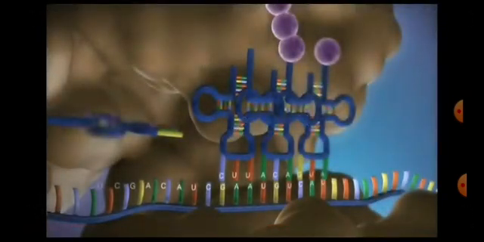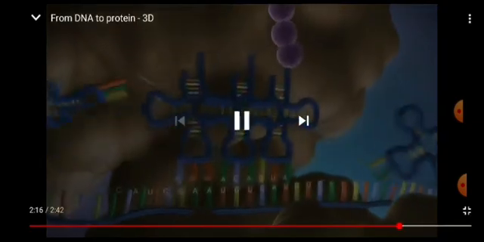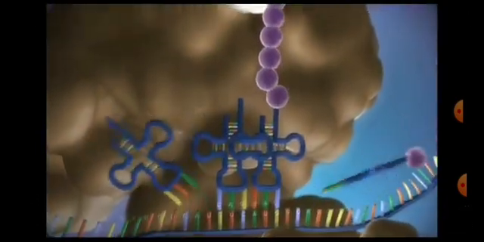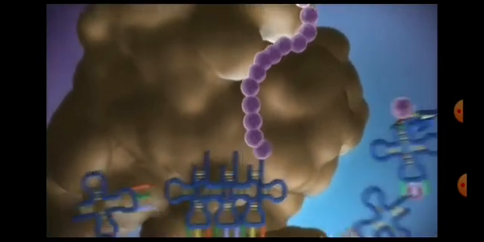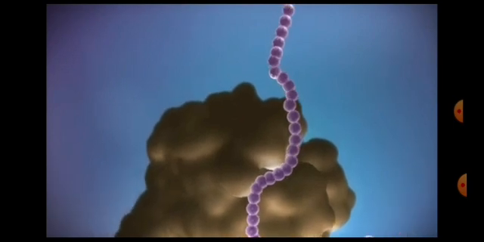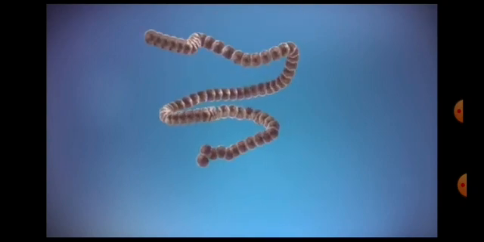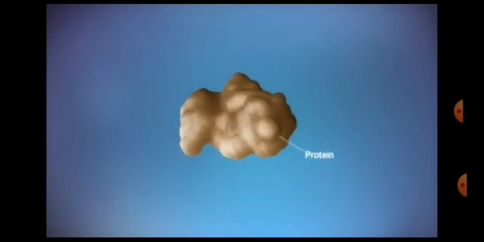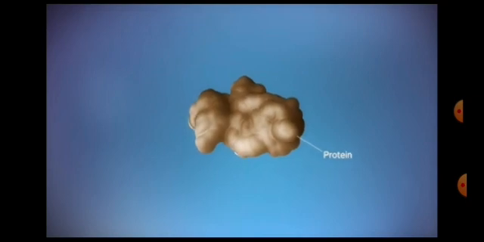They are responsible for the delivery of amino acids, as you can see in this picture, that the first tRNA gets bound and then transfers that amino acid to the growing polypeptide chain. This is how it happens. This is the growing polypeptide chain that you can see. Once the last amino acid is added, it leads to formation of a particular shape of that polypeptide chain, which is called a protein.